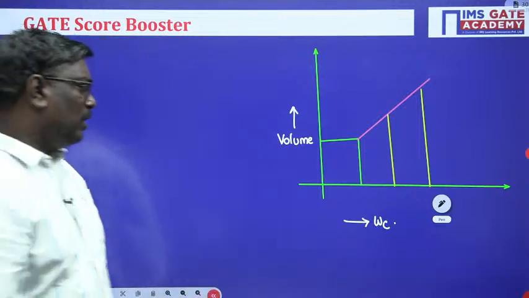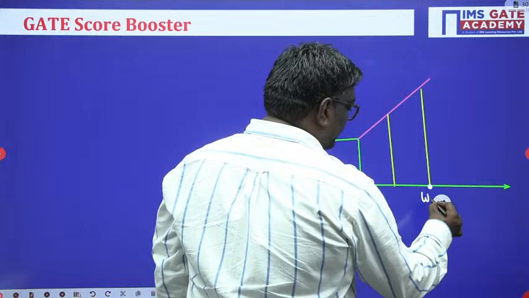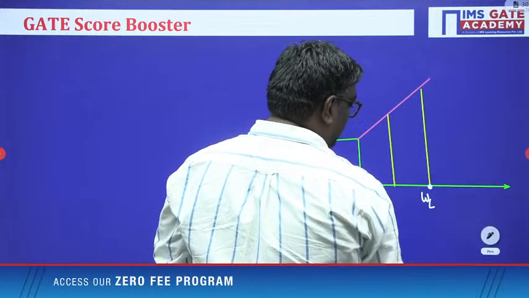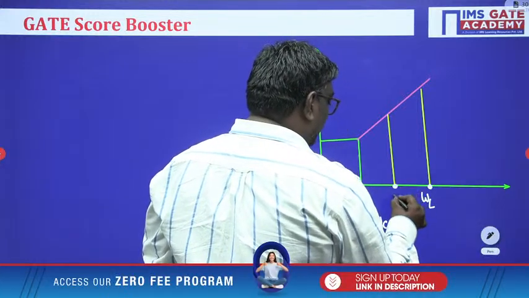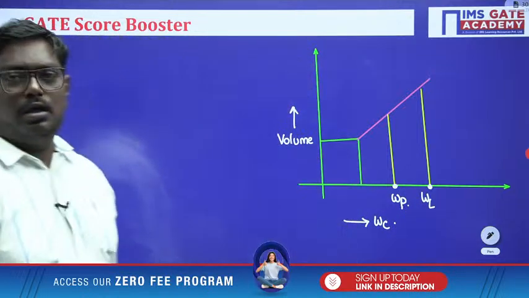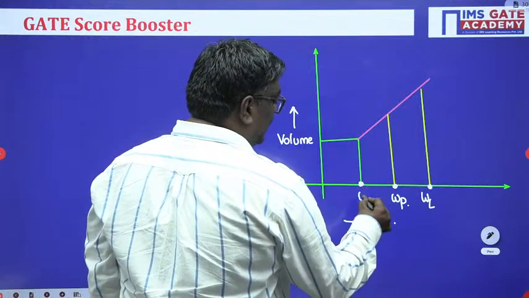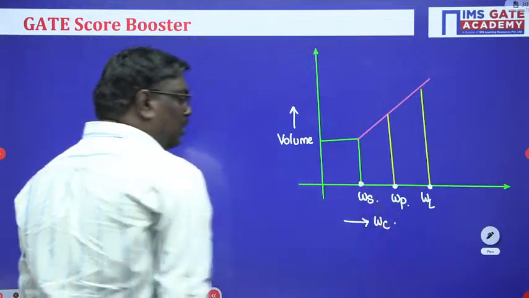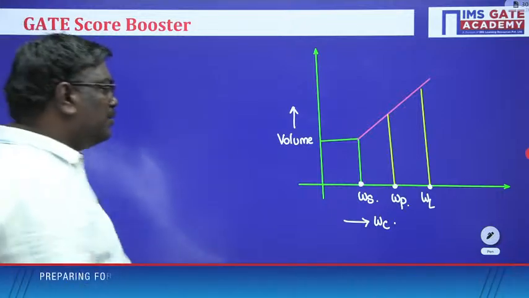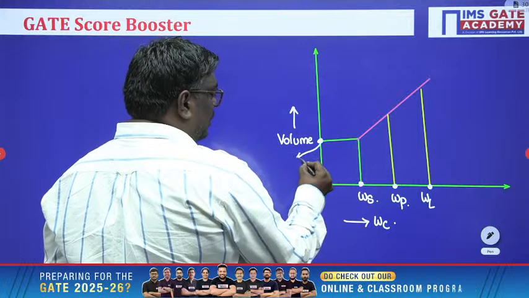Now, this point we call the liquid limit. This point you call the plastic limit. And this point you call the shrinkage limit. Now this value is called dry volume.